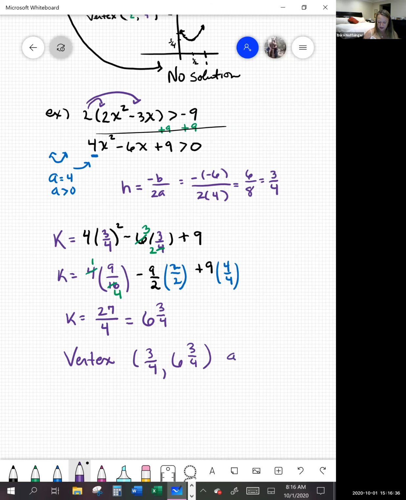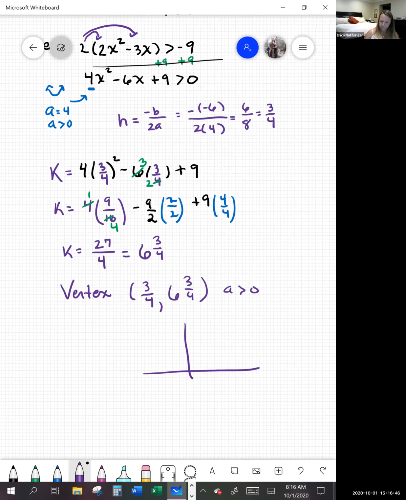We said a was greater than 0. We just happen to get one that's never crossing the x-axis. And so if we plotted this, it's above the x-axis, and this is asking us, when is it greater than or equal to 0?